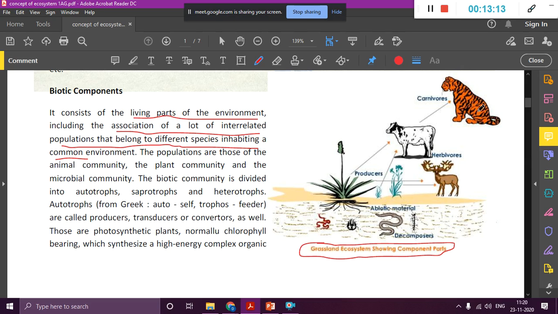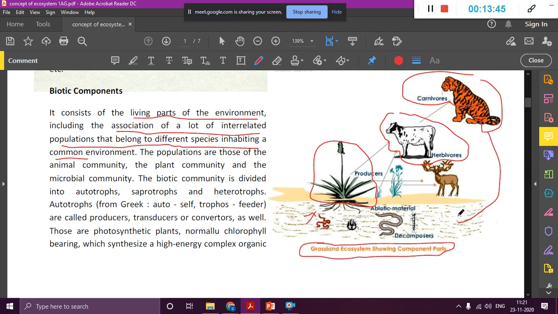You have on the top, absolutely on the top, the predator, a carnivore, which is this tiger. This tiger eats the secondary consumer, that is the herbivores. These herbivores eat grass, which are the autotrophs. And these autotrophs take nutrition from the soil.